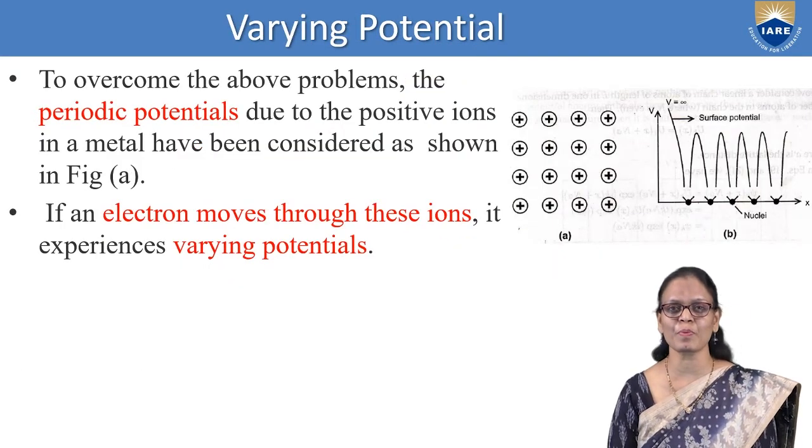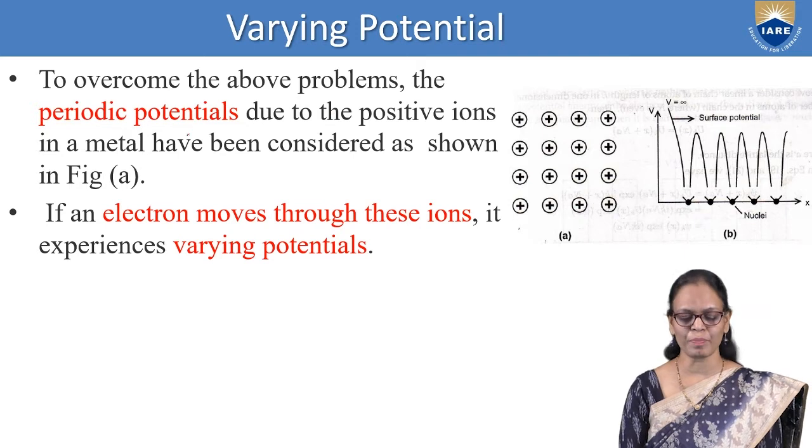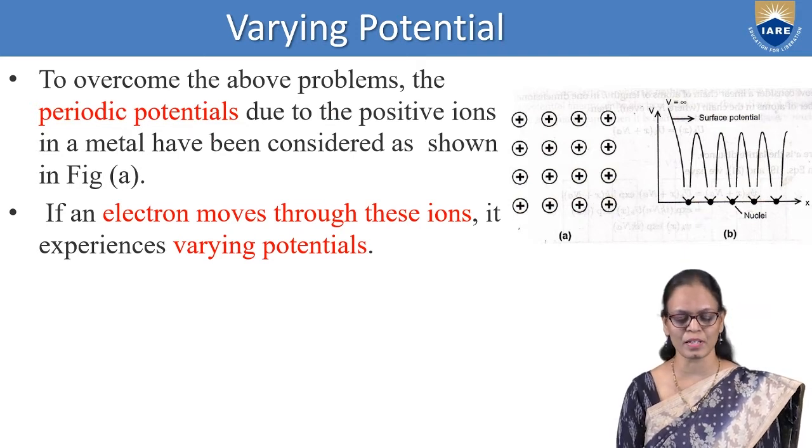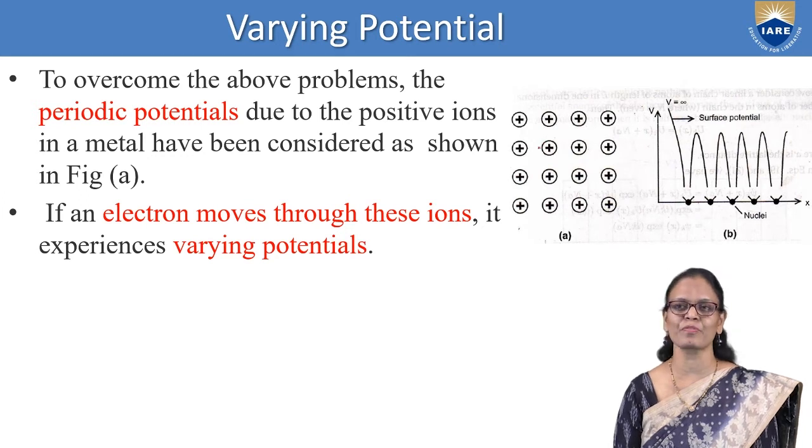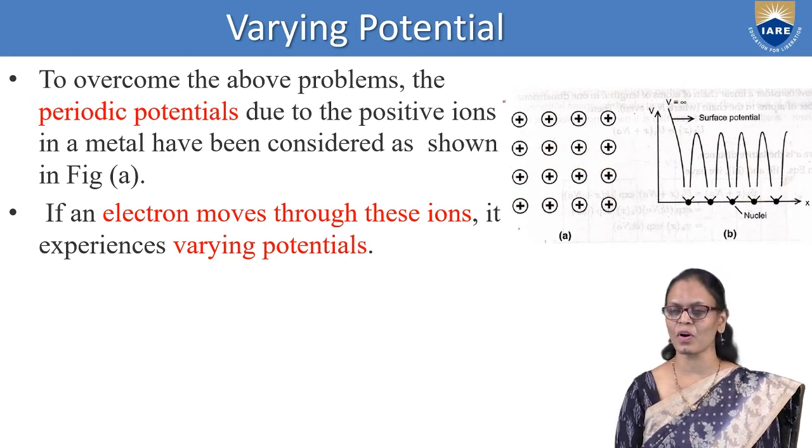Now, to overcome these problems, the periodic potential due to the positive ions in a metal is considered. This we have also discussed in detail before with the Bloch function. What we are trying to say here is the electron is not moving in a constant potential.